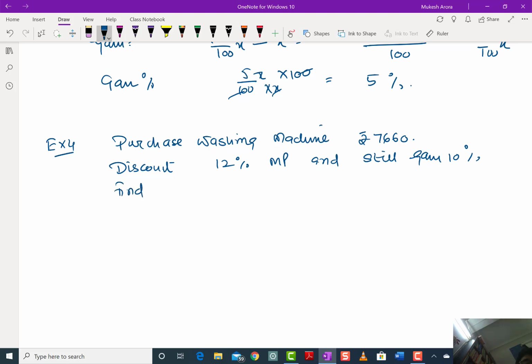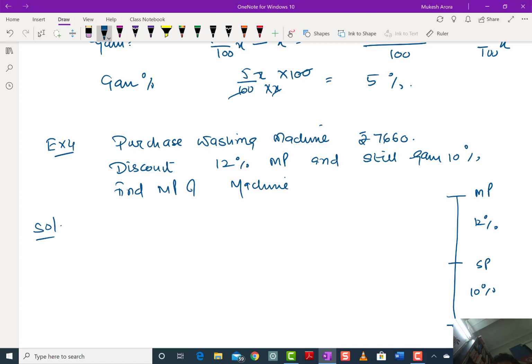Find mark price of the machine. So purchase means CP. CP is 7660. Gain is 10%. And we have to find MP when the discount is given.